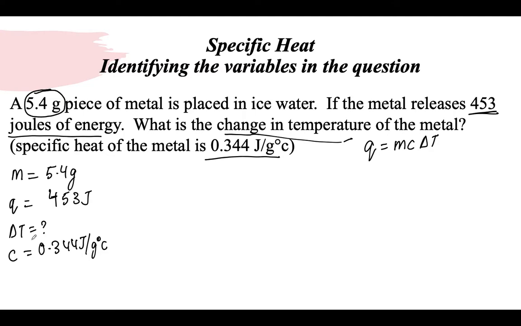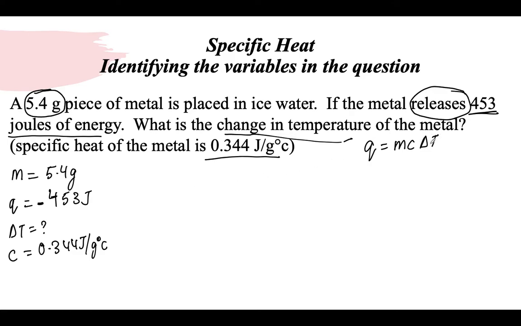Okay, right? Okay, we did miss out a piece. It says metal releases energy. If it's releasing, it's exothermic. And if it's exothermic, it should be negative. Okay? All right.